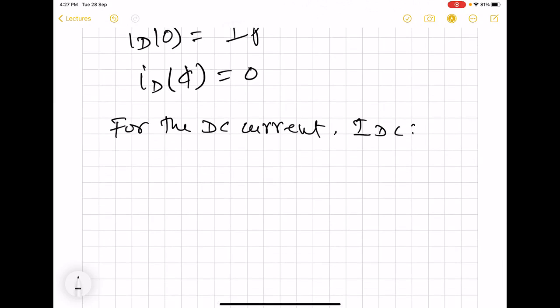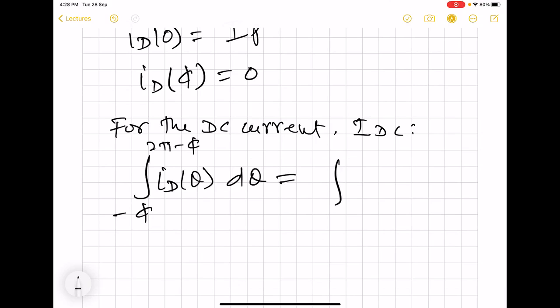DC is basically the average value of the drain current. So we have to take the average of drain current over one cycle. So this will give rise to the DC component.